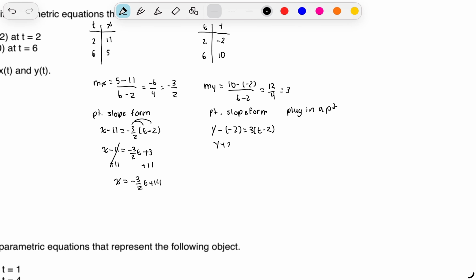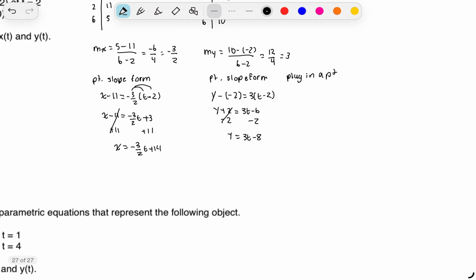You have y plus 2 is equal to 3t minus 6, then minus 2, and y is equal to 3t minus 8. So that's your answer, and these are your two equations. You have y of t is equal to 3t minus 8, and x of t is equal to negative 3 over 2 t plus 14.